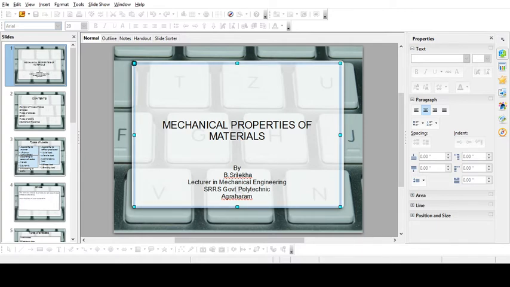Next, ductility. Ductility is nothing but the ability of the material to deform under tensile load. It is something like a wire drawing operation. If you are applying a tensile load, it is the load applied along the longitudinal axis, moving away from the body.